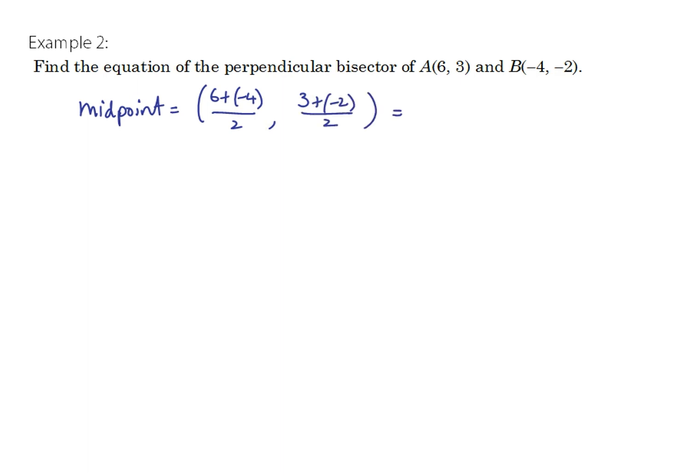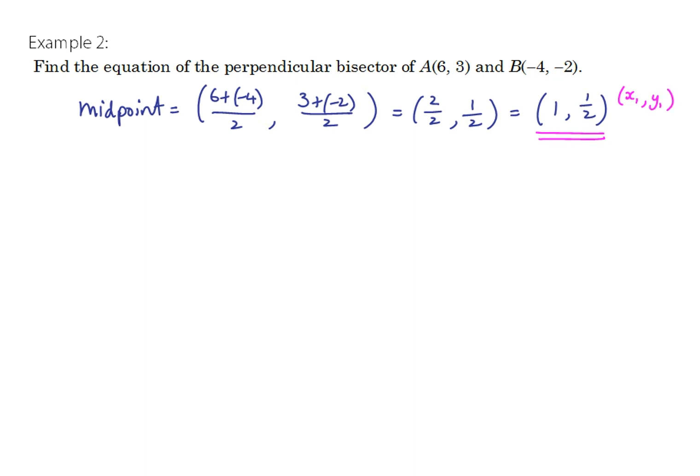So we're going to have 2 over 2 and 1 over 2. So the midpoint has coordinates 1, 1/2. That's going to be a key bit of information for our equation of the perpendicular bisector.